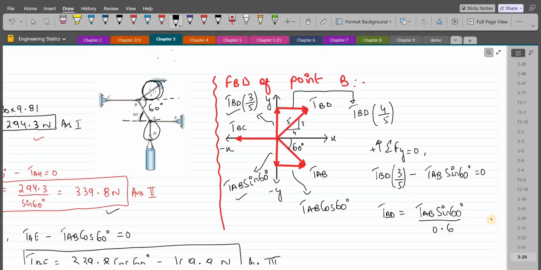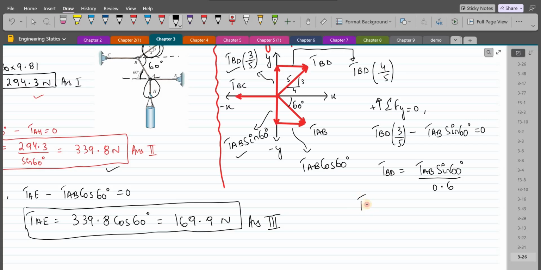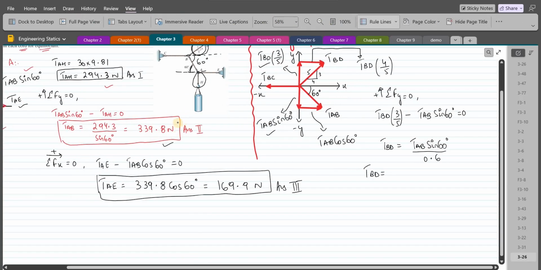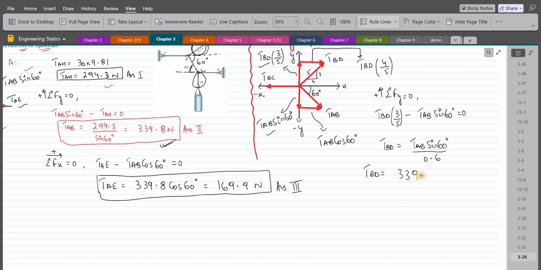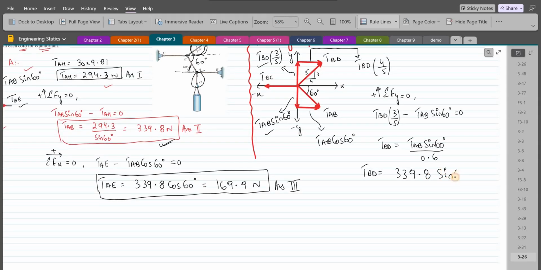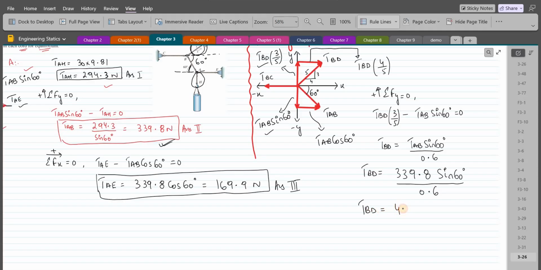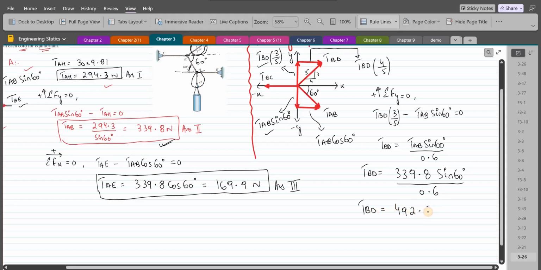So dividing it by 0.6, and we know that TAB is equal to 339.8 newtons, 339.8 into sin 60 over 0.6. So TBD comes out to be 492.7 newtons. So this is our fourth answer.